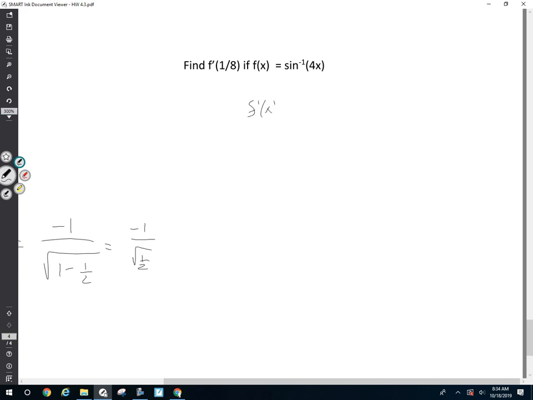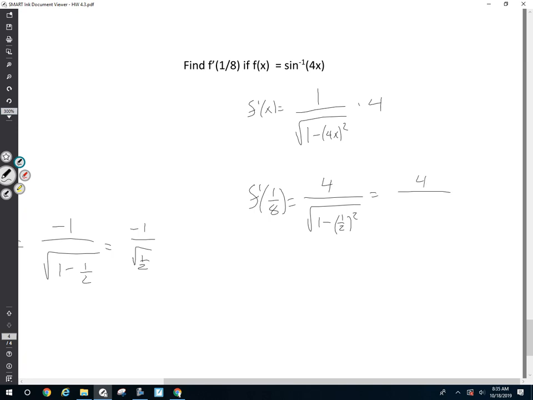F prime, 1 over root 1 minus 4x squared times 4. Outsides and insides. Make sure you have this 4. Make sure the 4x goes there. Plug in 1/8. 4 over root 1 minus 4 times 1/8 is 1/2. 1/2 squared is 1/4.